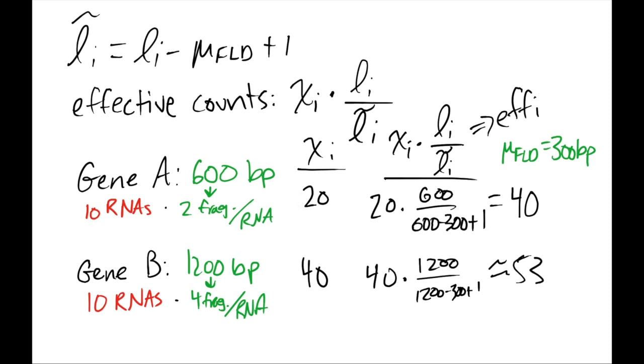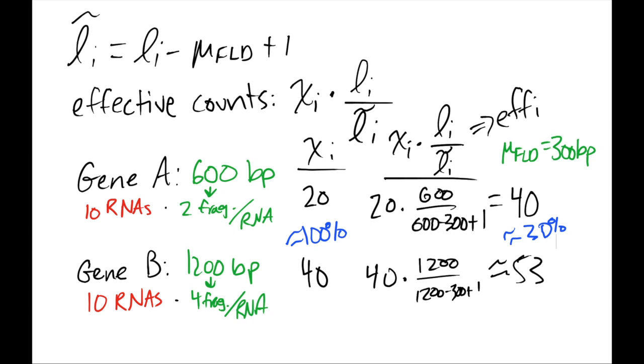If you look, for example, at the normal counts, at just the standard how many reads align to this region, there's an approximately 100% difference between these two values. Whereas between 40 and 53, after we've done this scaling upwards, there's only approximately a 30% difference. So it is, in a sense, correcting for this bias.